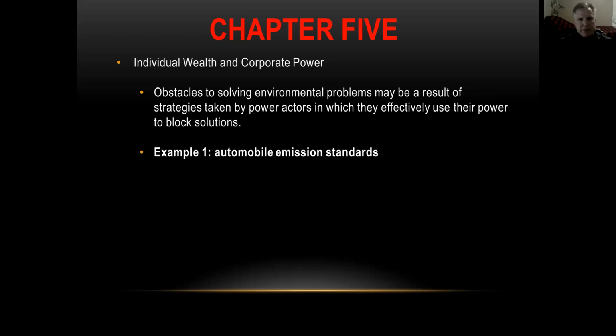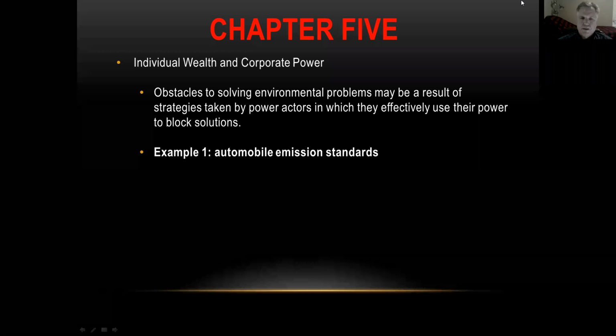A couple of other examples from the textbook that are very useful are corporate opposition to automobile emission standards. So automobiles, of course, are a major problem in terms of contributing to climate change. And they also use a lot of fossil fuels, a finite resource.